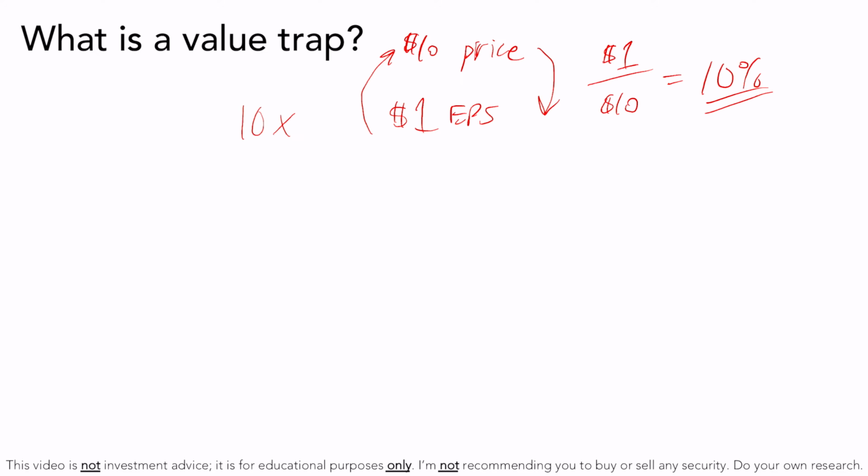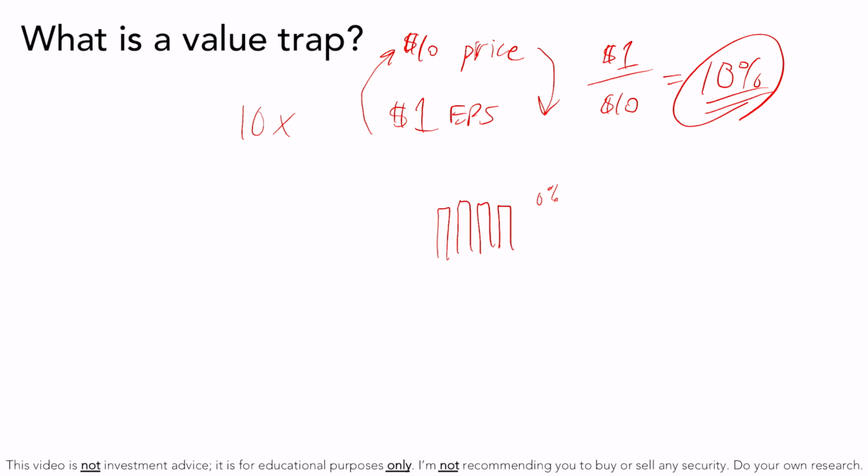So if this business is just able to maintain its earnings throughout time and pay out part of them as dividends and the other part to retain in earnings and generate at least $1 in market value for those retained earnings, we could expect to make 10% per year in this stock. And again, that assumes basically 0% growth.